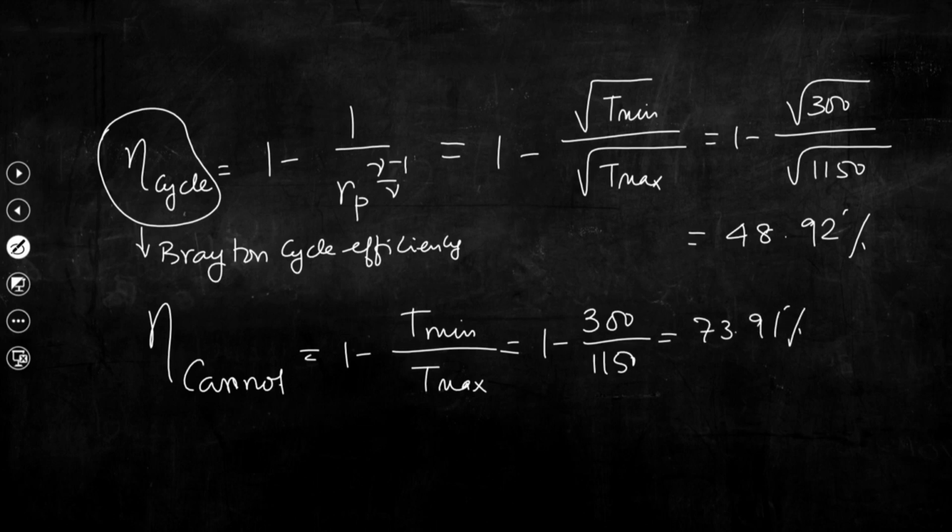So, you can understand that Carnot cycle is one of the ideal cycles, and efficiency following the Carnot cycle should be certainly higher than the Brayton cycle efficiency, and that is what we can see from this.